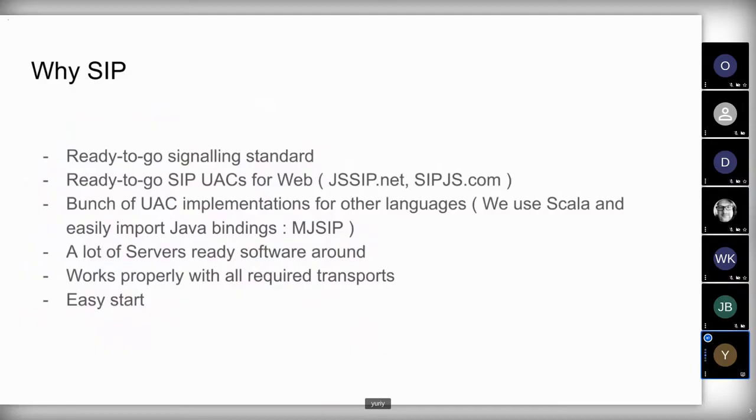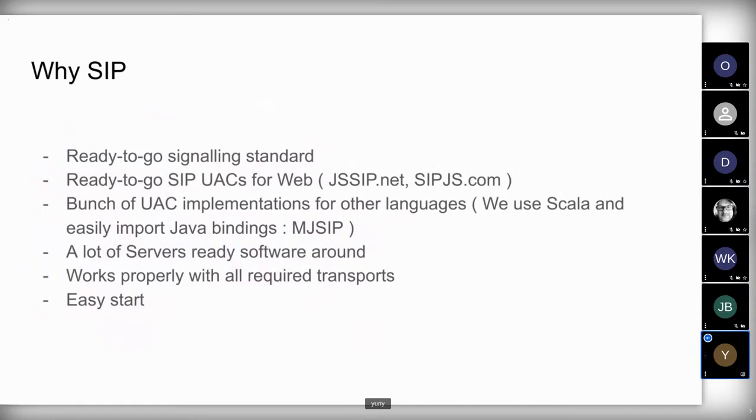First of all, it's a ready-to-go signaling standard, so we don't need to create our own events, even if it's just a small amount of events. Then there is a ready-to-go SIP UX for the web: JSIP and SIP.js. We started from jsip.net, and then we thought to migrate to SIP.js for some reasons. But meanwhile, jsip.net works pretty good as a client.